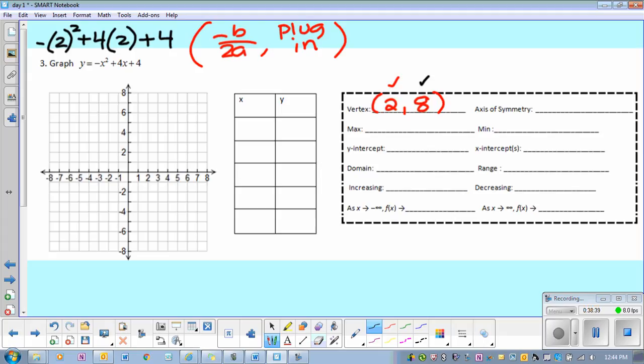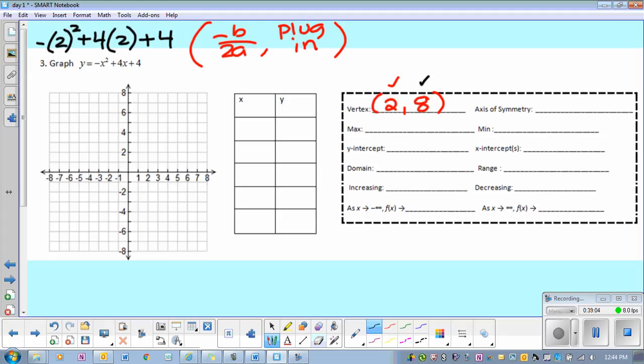Order of operations, PEMDAS: parentheses, exponent, multiplication. So this big thing is not 4, it's 4 times the negative 1, which is negative 4. Negative 4 plus 8, plus 4, is 8. You could also put that whole thing into your calculator with the parentheses and all. You can use either one.